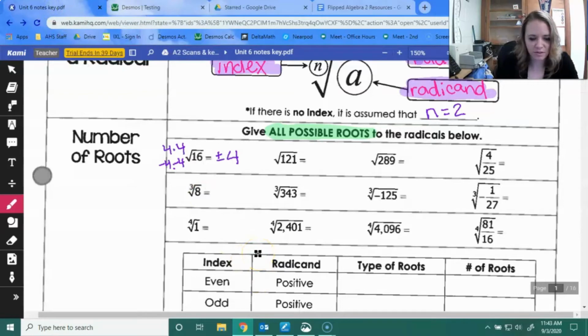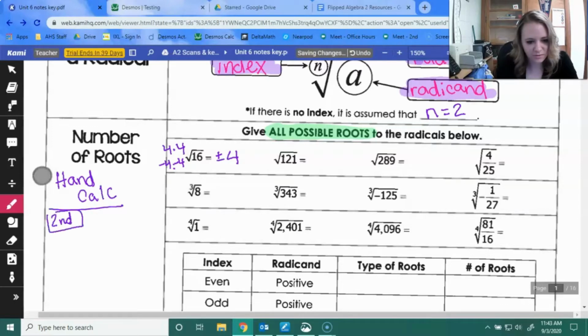All right, let me jot that down. So, on the hand calculator, you want to push second and x squared to get the square root.